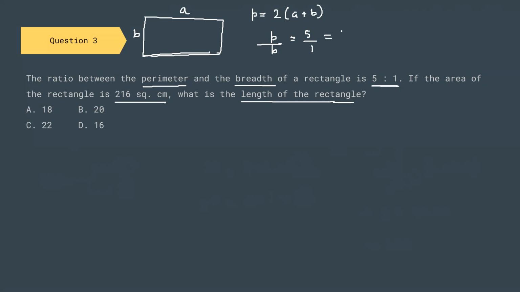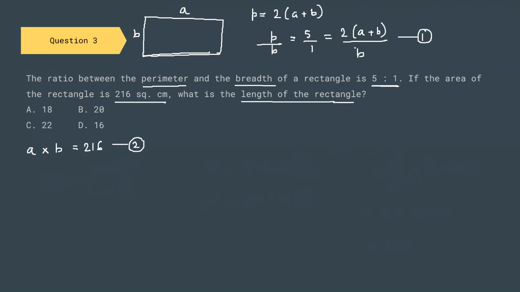That can also be written as 2 into A plus B divided by B equal to 5 by 1. This is our equation number 1. If the area of the rectangle is 216 centimeters square, I can write A into B equal to 216. That is our equation number 2.